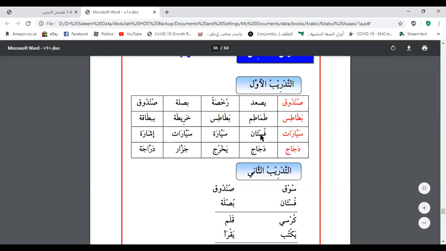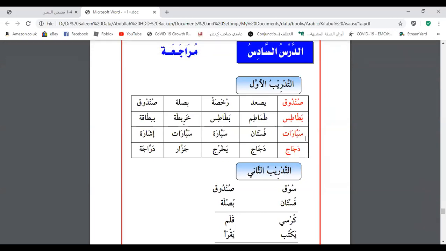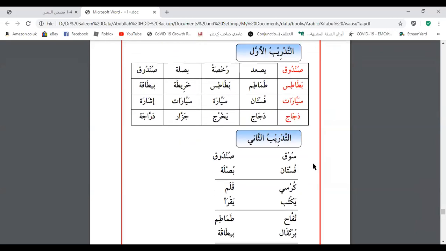Sunduq again. Batatis, potato. Tamatim, tomato. Kharita, map. Bitaqa, the card, the badge. Sayyara, sayyarat as in plural. Cards, car. Fustan, frock, dress. Sayyara singular, car plural. Isharah, sign, signal. Dajaj, chicken. Yakhruj, he comes out, he exits, he is going out. Jazzar, butcher. Darraja, bike.